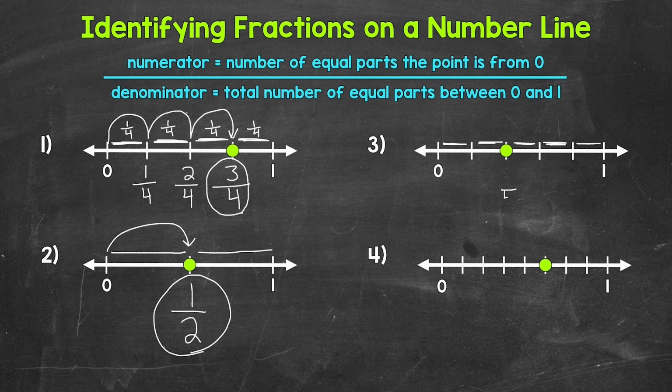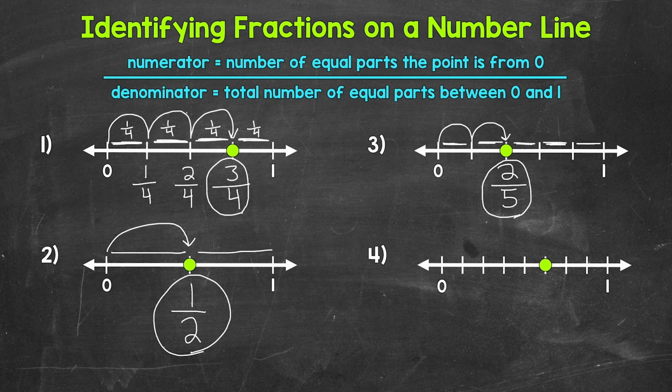Our denominator here is 5. Now for the numerator. So how many equal parts is the point away from 0? 1, 2 equal parts. So 2 is our numerator. Our fraction for number 3 is 2/5. And let's label the rest of this number line as well.